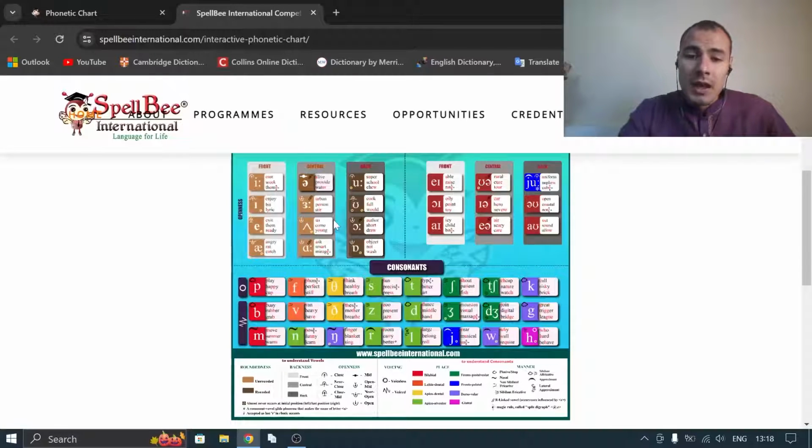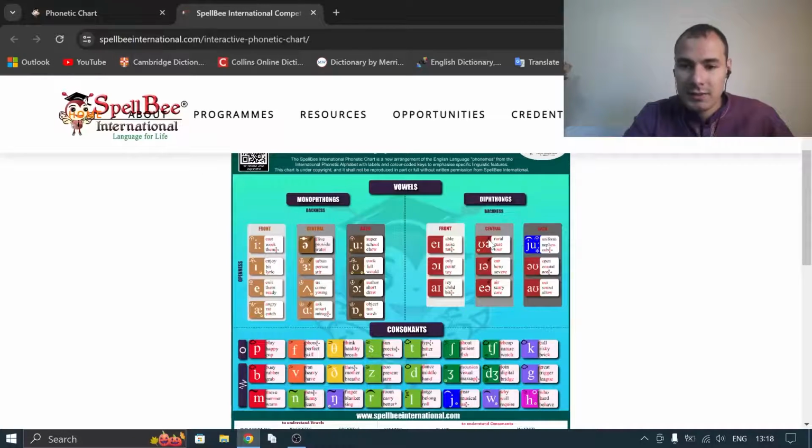Apart from this, we have other features. If we look at the diphthongs, there is something like a chain symbol near the phonemes, which means that those vowels are mostly pronounced whenever there's a letter R in their spelling. Not always, but most of the time.